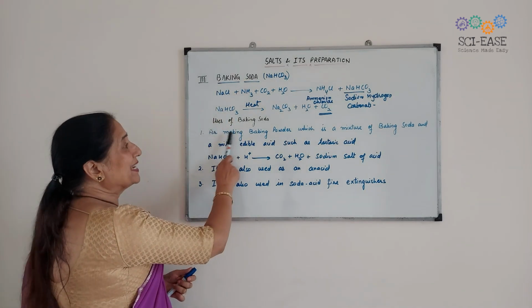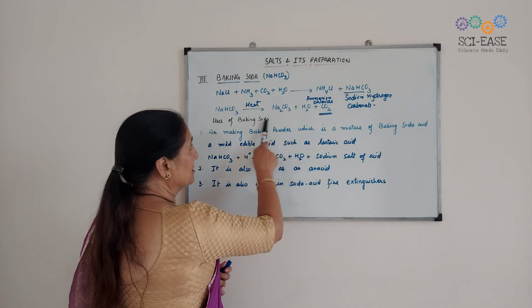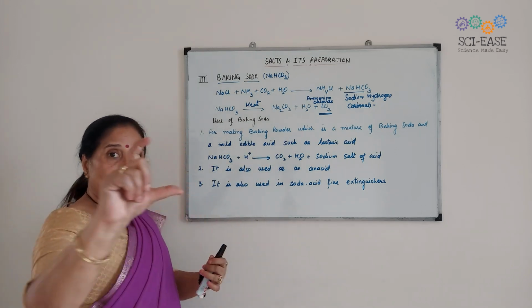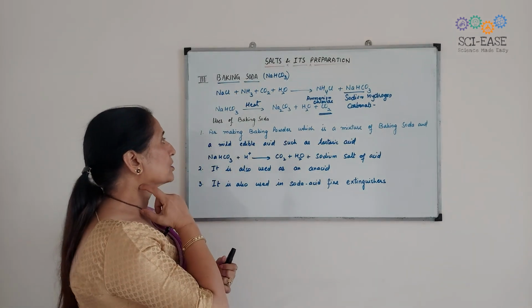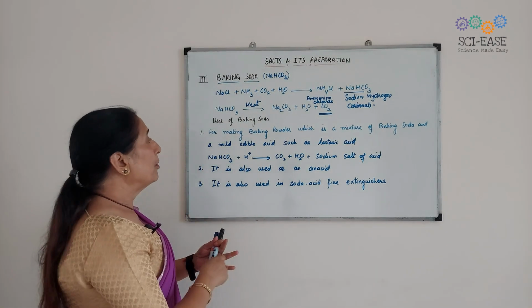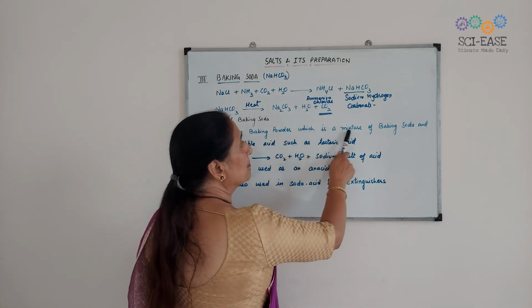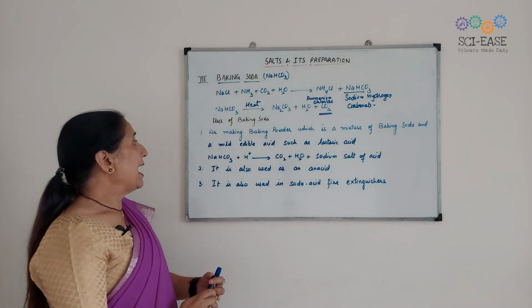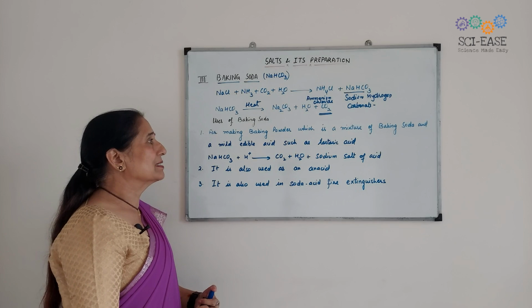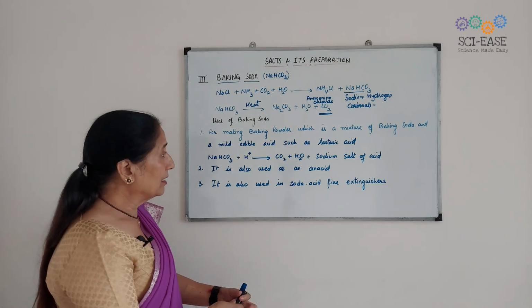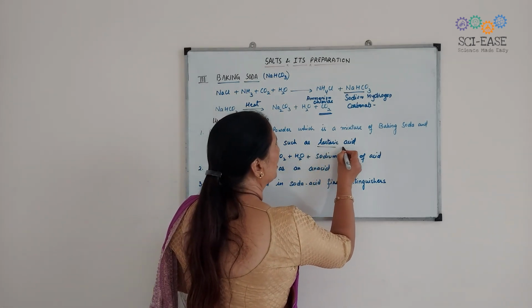For making baking powder, we get a small box of this baking soda from the market. Baking powder is a mixture of baking soda and a mild edible acid such as tartaric acid. This you are to remember.